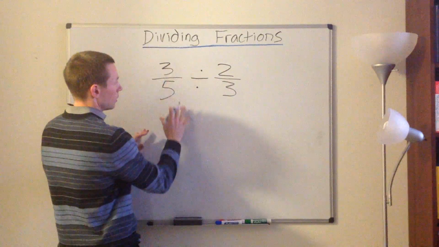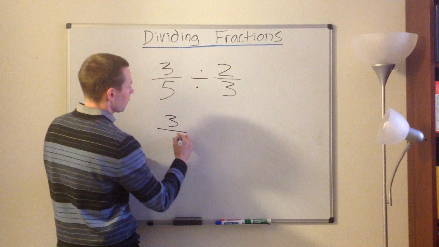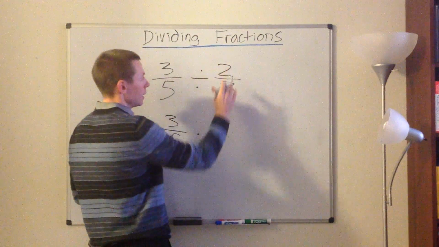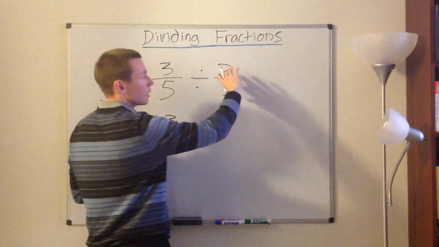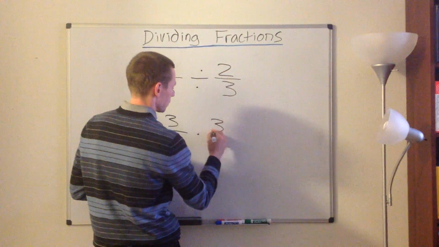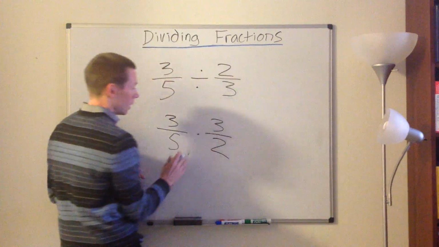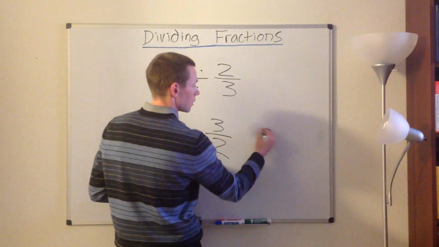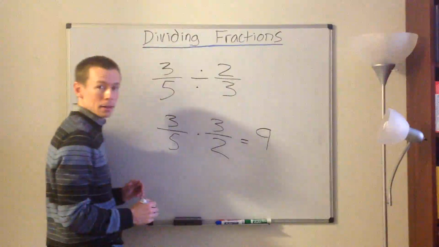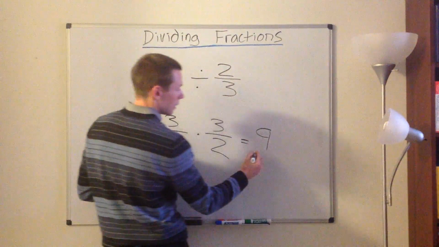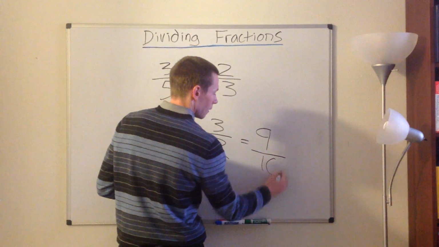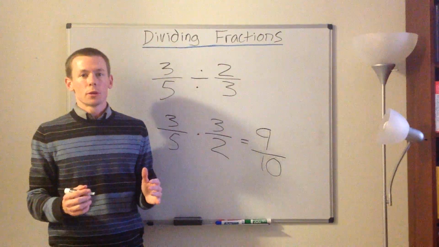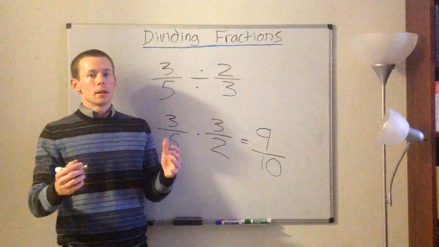We take our number to the left here, 3 over 5, and we multiply it by the reciprocal of this number right here, which would be 3 over 2. And now we multiply across. Numerator times numerator is 9, and denominator times denominator is 10. So 3/5 divided by 2/3 would be 9 over 10.